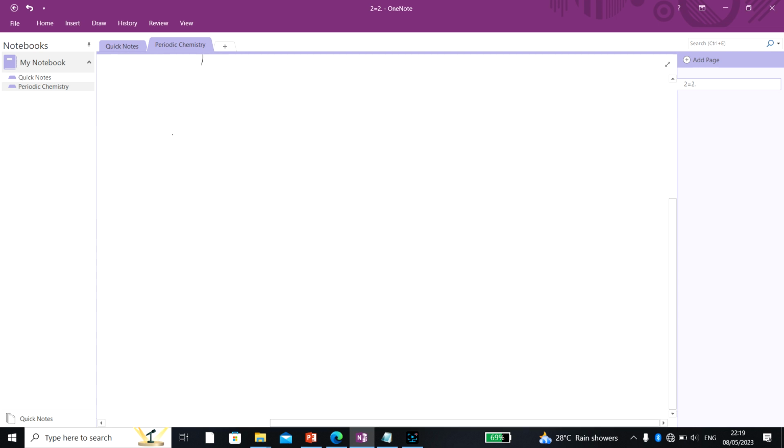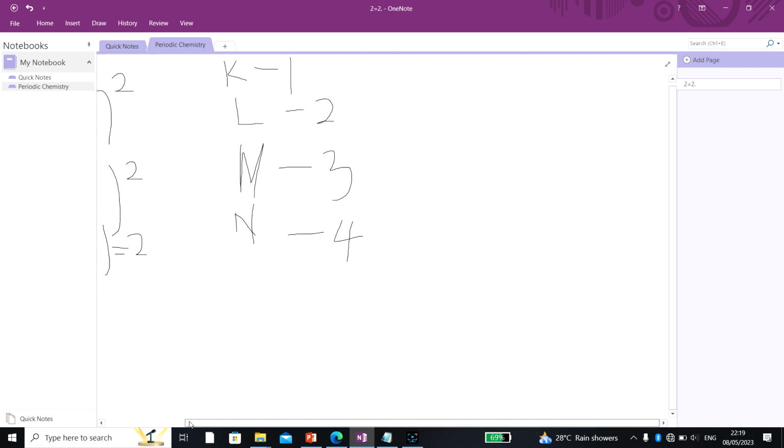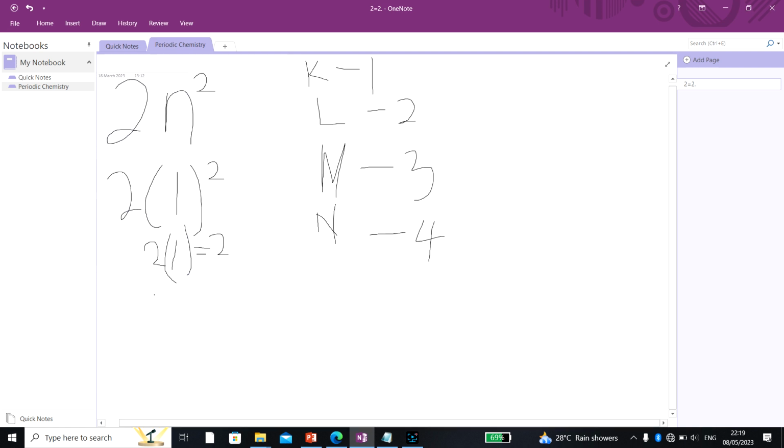So it means that when n is 1, this is 2, so I can put down the answer. This answer is 2. It means that the K shell can take a maximum of 2 electrons.